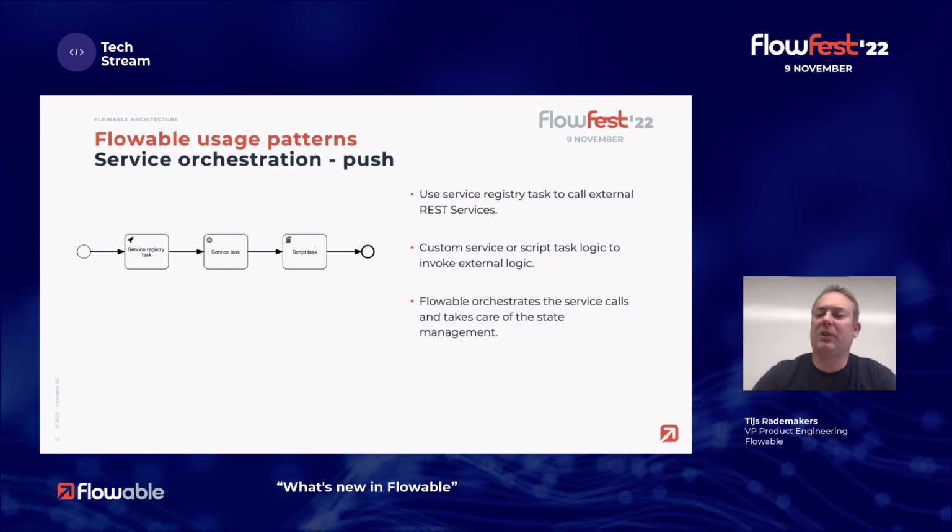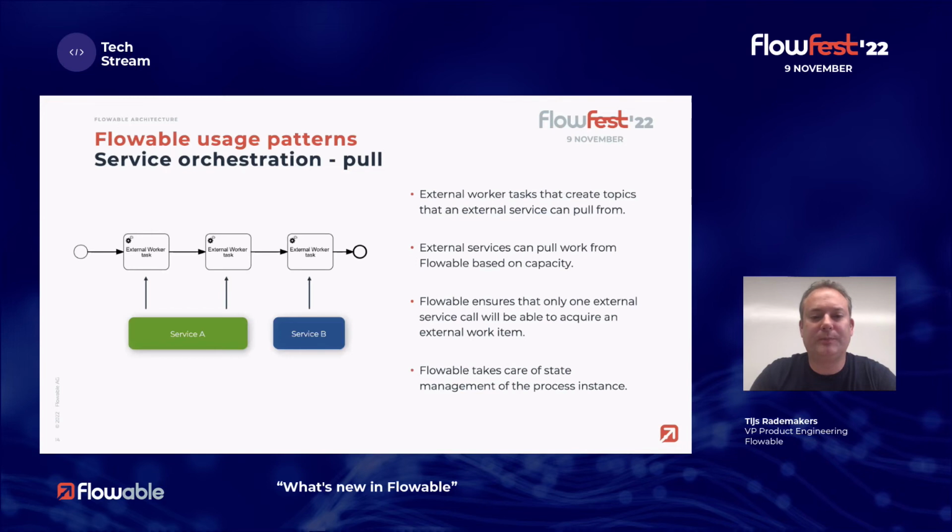But it could also be custom logic in a service task or script task to invoke some external logic. It's really calling out to something outside of Flowable. And Flowable then takes care of the orchestration to all these services and make sure that the state of the process is managed for you. And so that's quite a common pattern when you use Flowable.